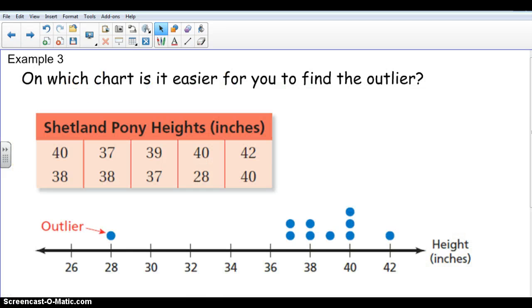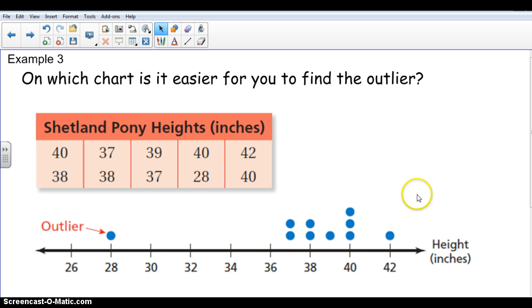Example 3 on page 399. If you take a look at this data for the Shetland pony and its height, all the numbers seem about the same. There is what we call an outlier, a number that's very different from the cluster. In this case, the 28 inches is an outlier.